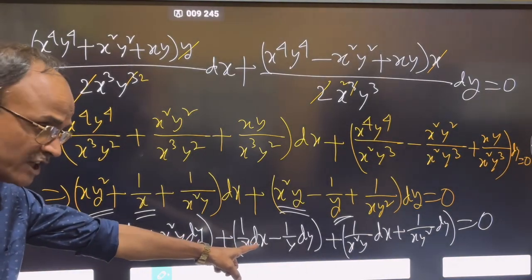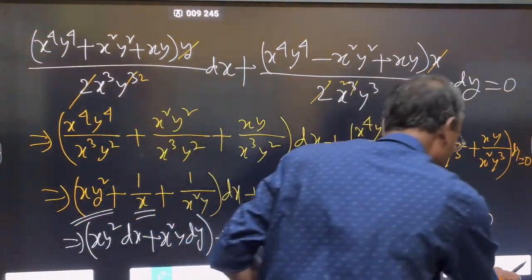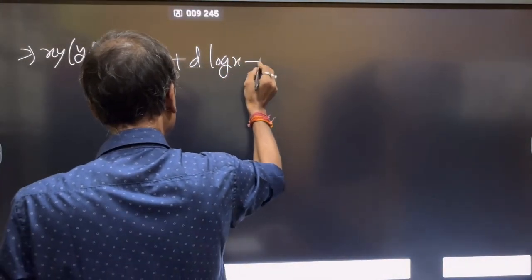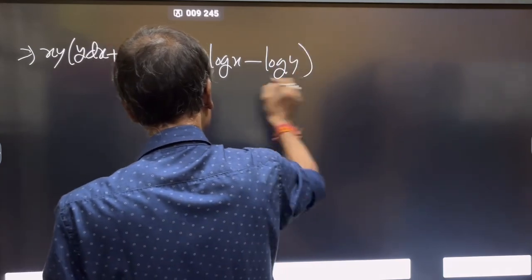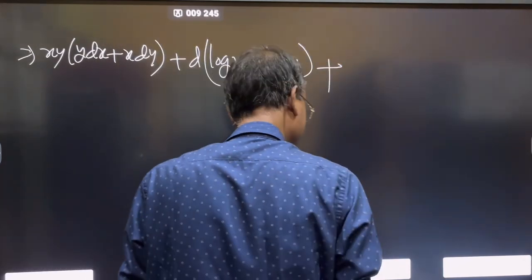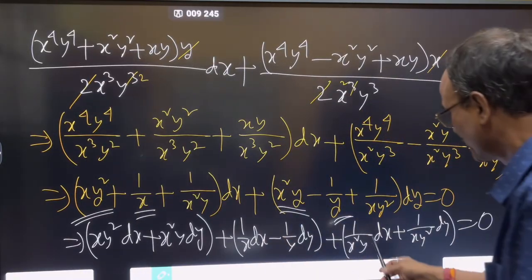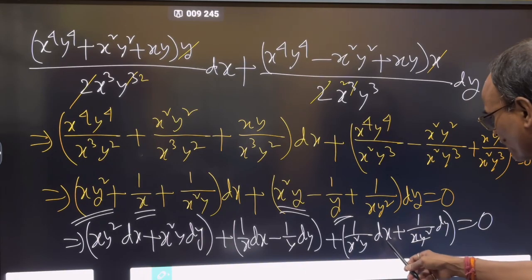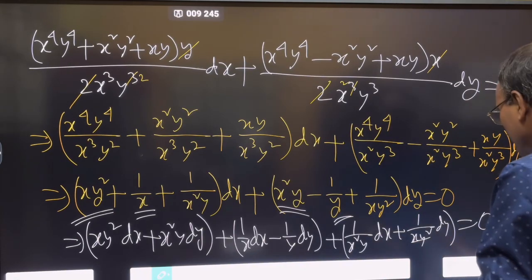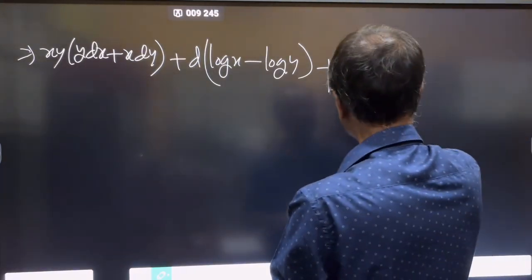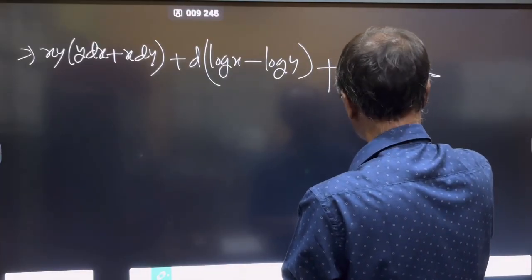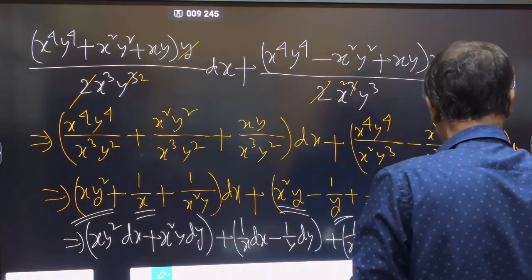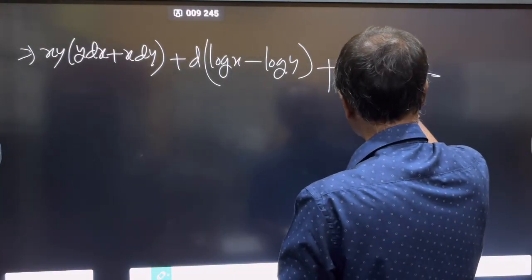This can be written as d of log x minus log y, plus d of log x minus log y. Finally for this term, x square y square common in the numerator, if you take x square y square common, it will be y dx plus x dy equal to 0.